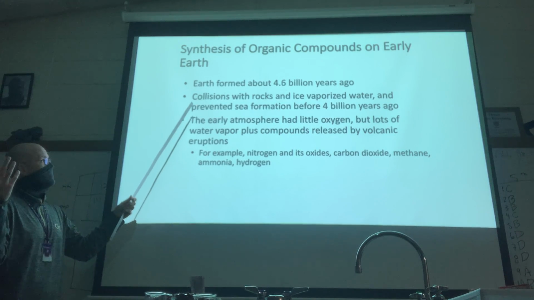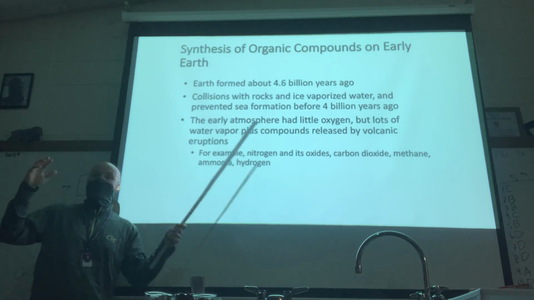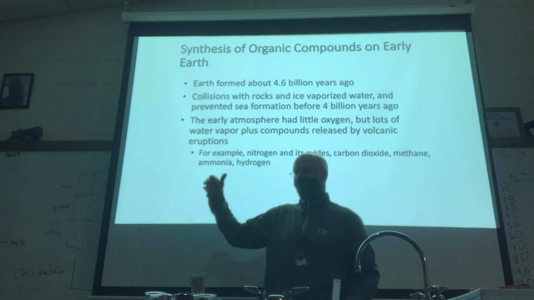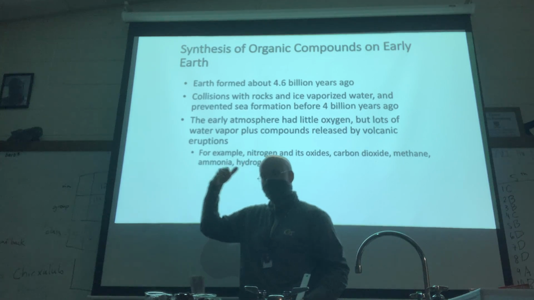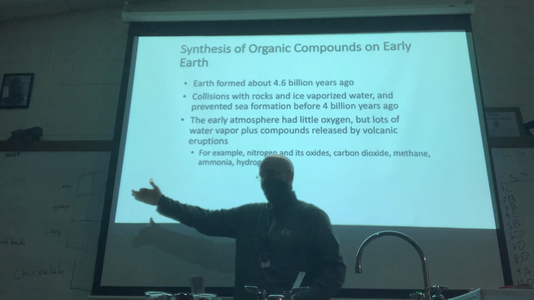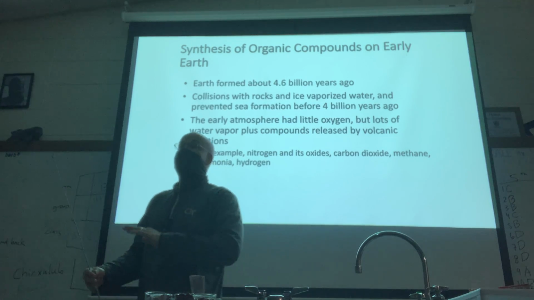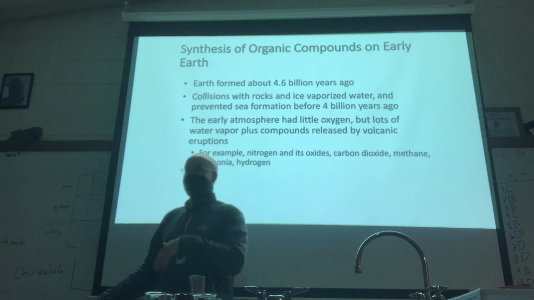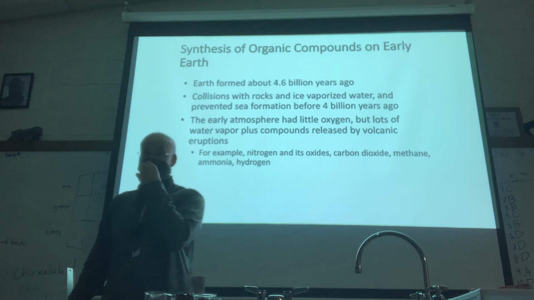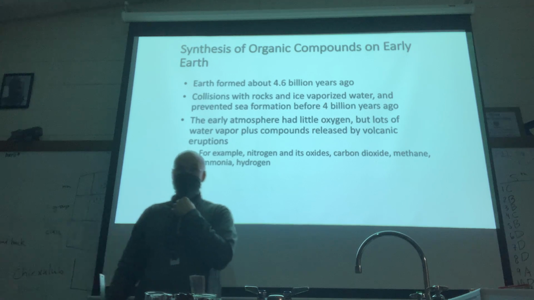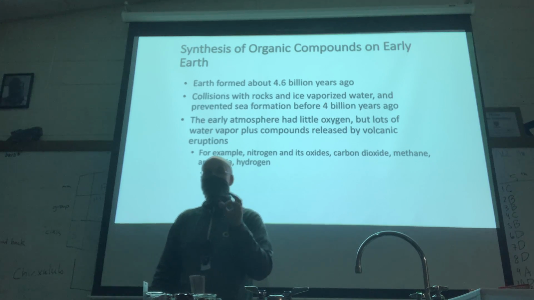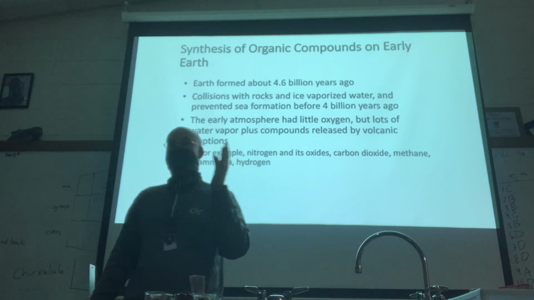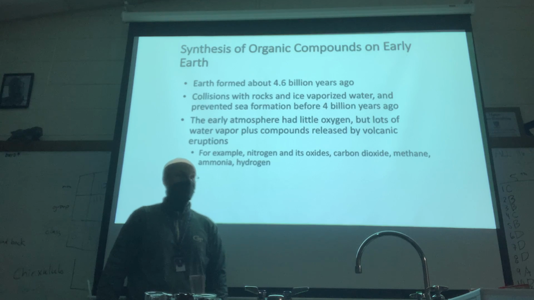There's some background information. I'm not going to go through every point, but from what we can tell, and from our piecing together of the deep history of Earth, it did not start out like what you see around you. We didn't start out with oxygen in the atmosphere, which is probably good because oxygen is pretty harsh on organic molecules and living things that aren't kind of evolved to use it.